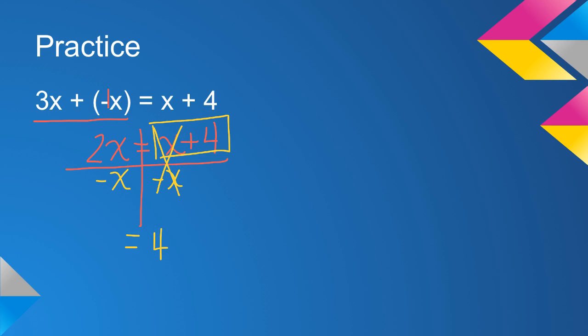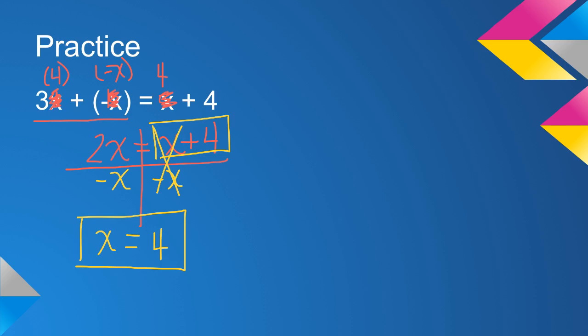And 2x minus a single x is 1x. I had an equation with variables on both sides. I separated my constants from my variables, and I solved, and I believe x equals 4. But just to be sure, remember you can plug a 4 in everywhere you see an x, and let's just see if it actually works.